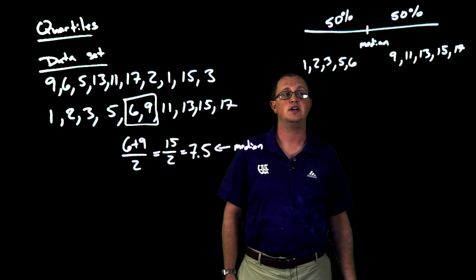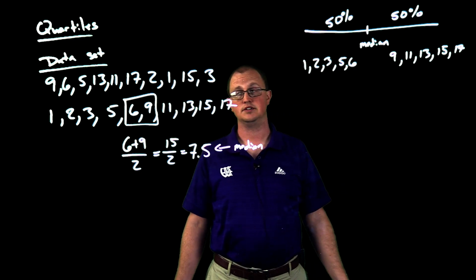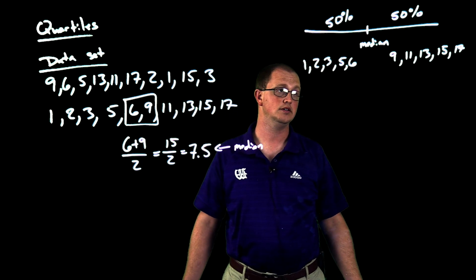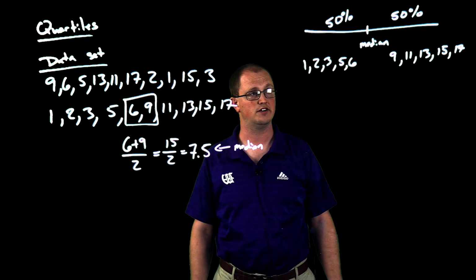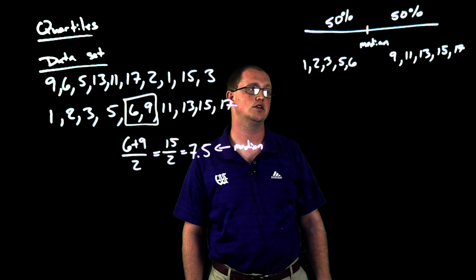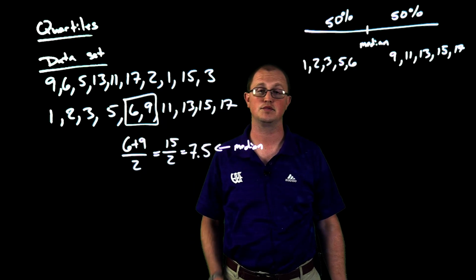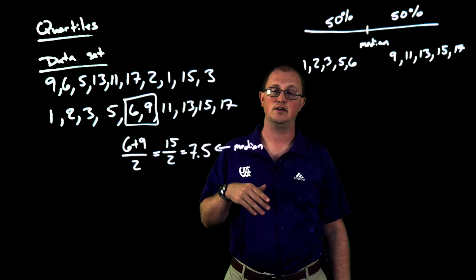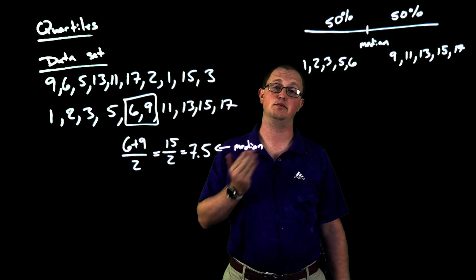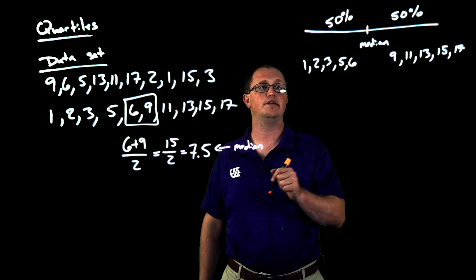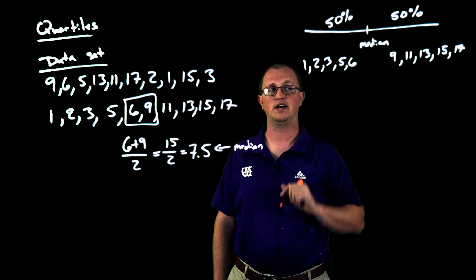And so the word quartile, kind of reminds us of the word quarter, is 25%. And so we can get that by splitting each of these 50% again. So we're going to take the median of each of the halves that we got from the median. So for our bottom 50%, we have 1, 2, 3, 4, 5 data points.